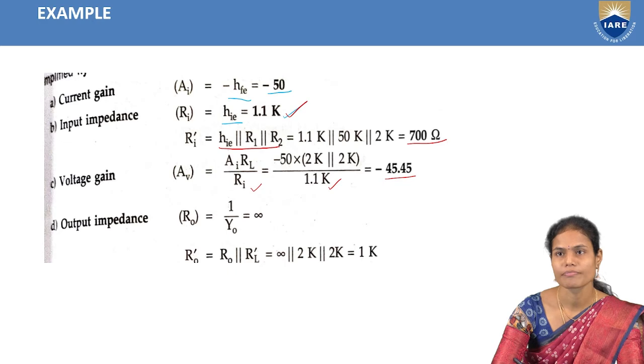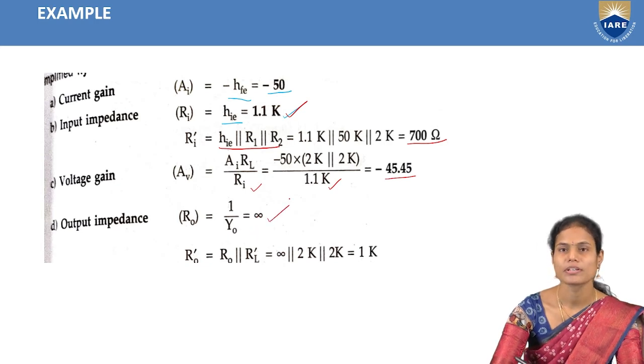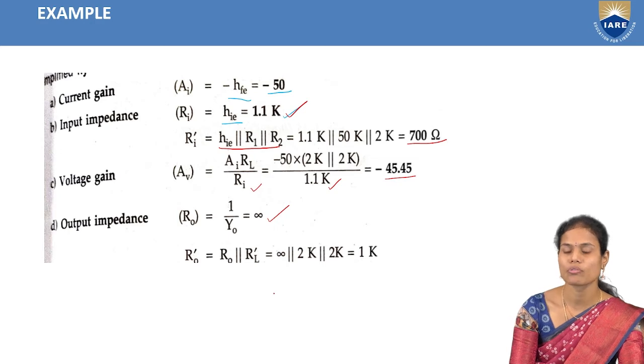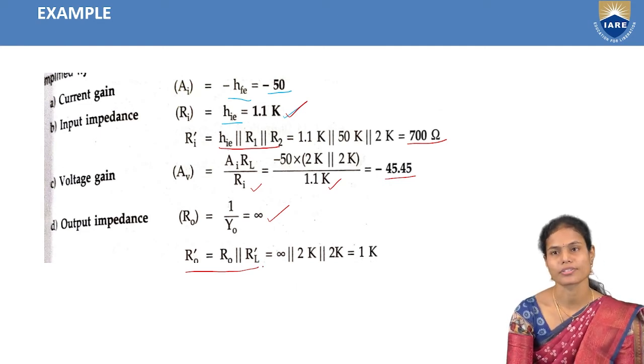The gain is negative in the case of common emitter configuration; voltage gain as well as current gain are both negative. Next, the output impedance is 1 by output admittance, that is equal to infinity. This is for the hybrid circuit. For the overall circuit, I am taking the output impedance R0 dash, equal to R0 parallel with RL dash. R0 is infinity, RL dash is 2K parallel with 2K, so we get 1K.